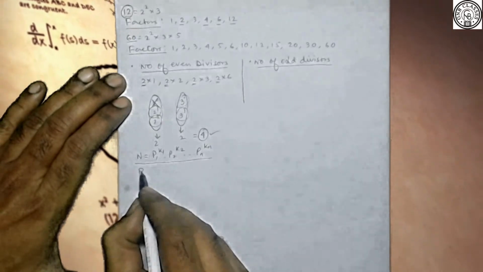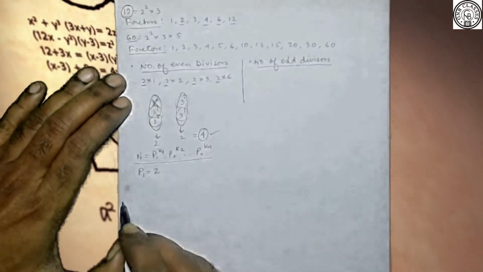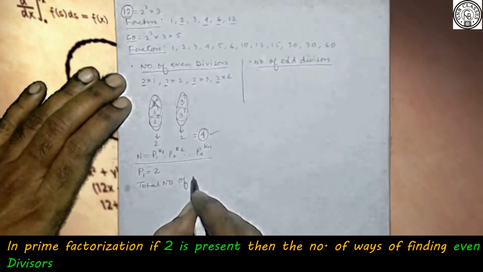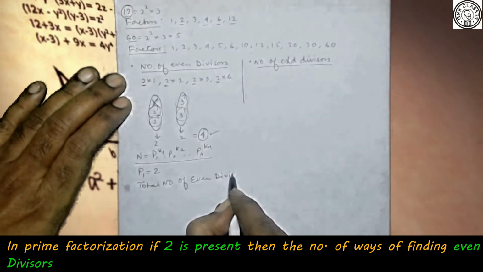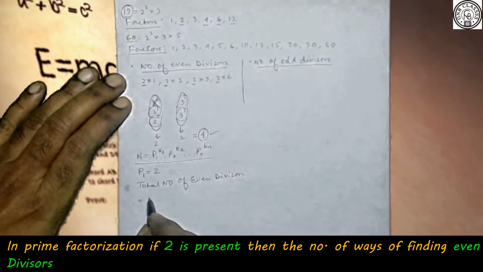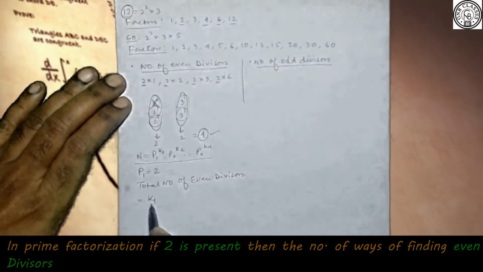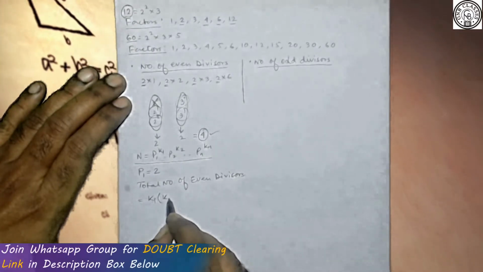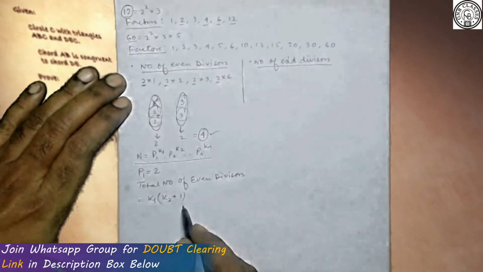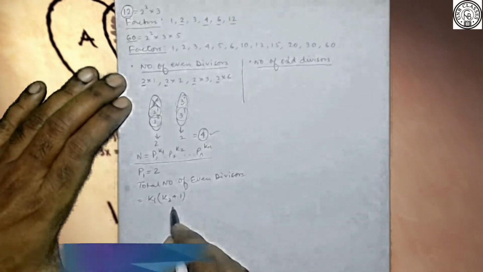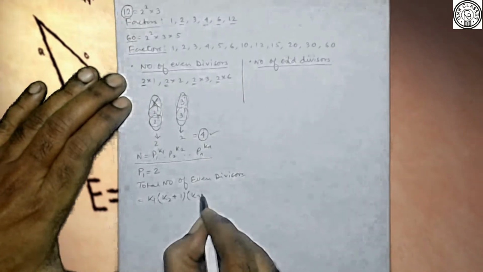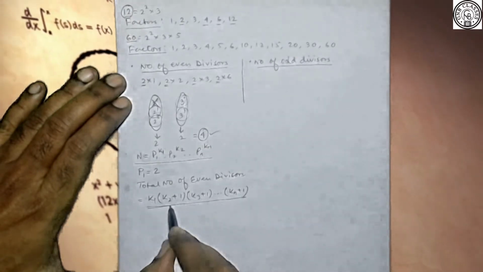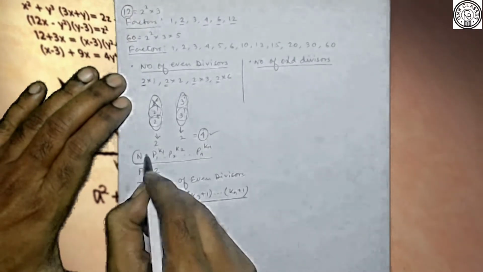In that case, if P1 is 2, then the total number of even divisors will be equal to K1, because I am rejecting 2 to the power 0 from that set, multiplied by the other terms, where you can take any one from the other primes, so the number of elements will be K2 plus 1, K3 plus 1 and so on till Kn plus 1. Is it clear? It is the total number of even divisors of that natural number n.